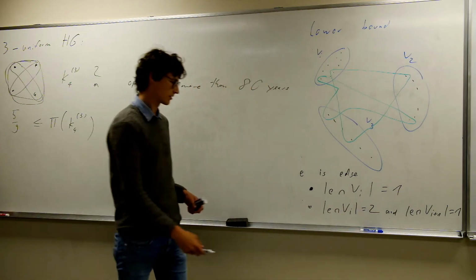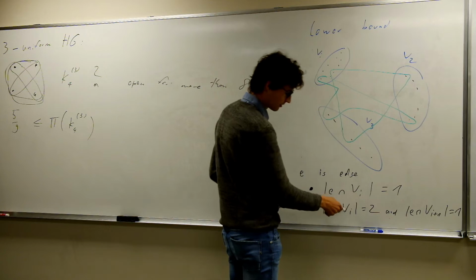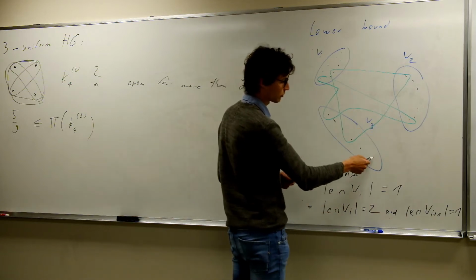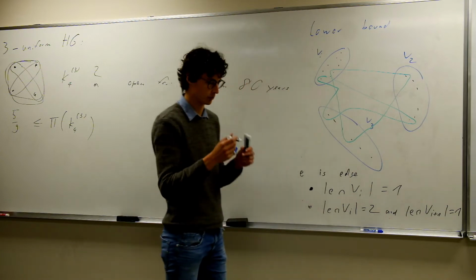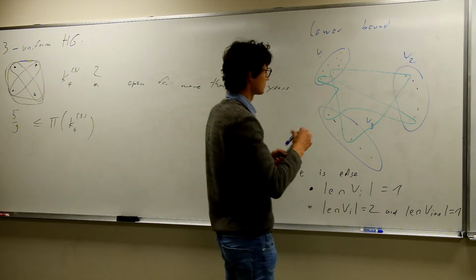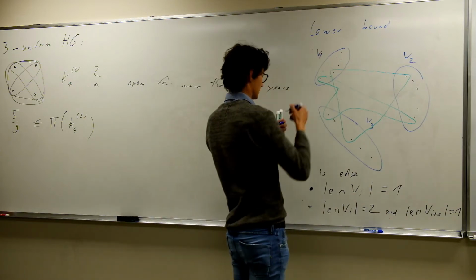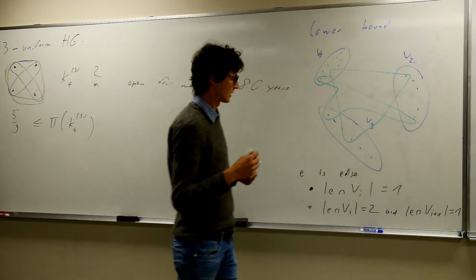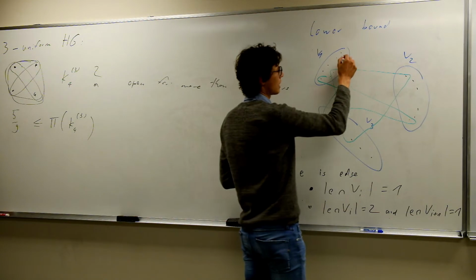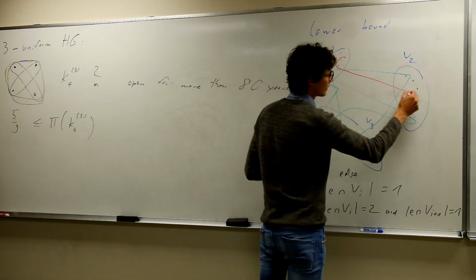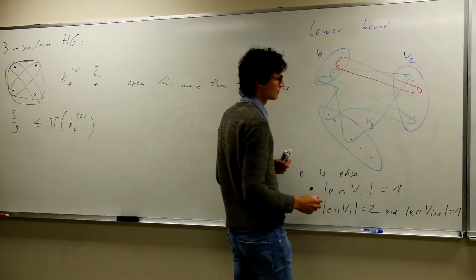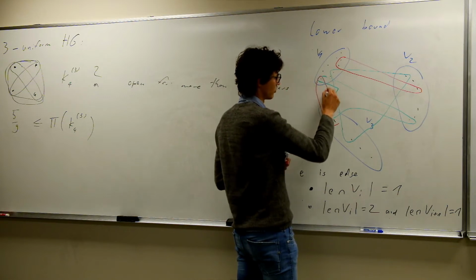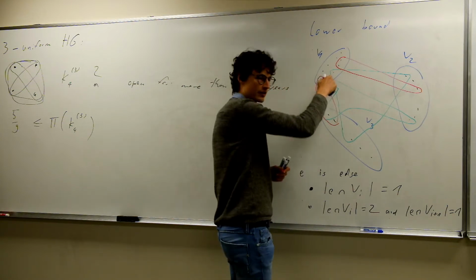So you have 2 vertices of V2, 2 vertices of V3, then you have 1 vertex of V1. How do edges look like this? If I grab 2 of those vertices, I can grab 1 here. If I grab 2 of the vertices here, I grab 1 there. But I cannot grab 2 vertices here and 1 here.